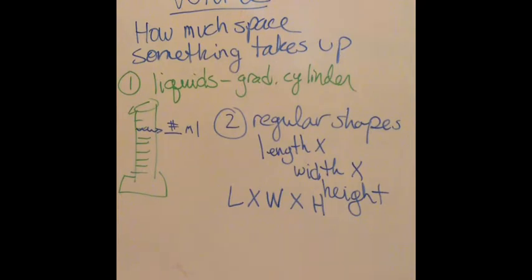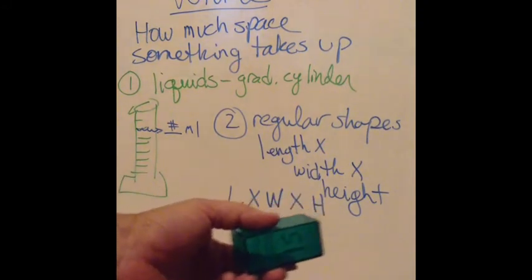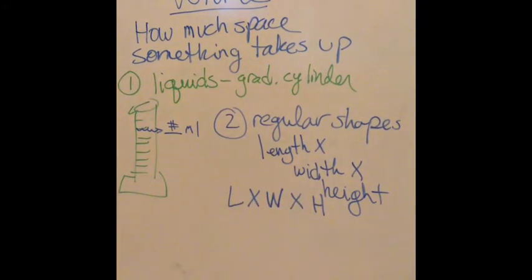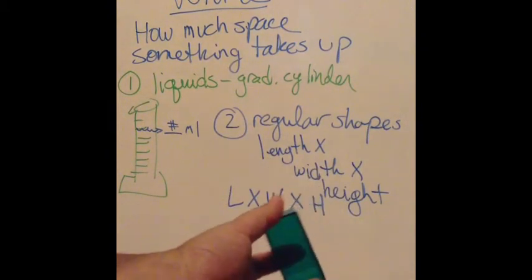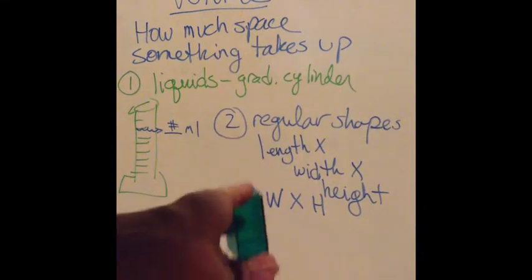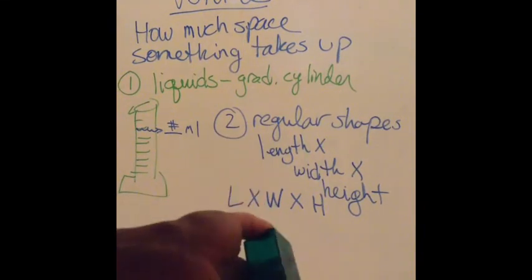So they use this mathematical formula to figure out how many dollars to charge to ship a box. Of course, smaller boxes cost less than the bigger boxes. That's why they need to know the volume of the boxes. It costs money to ship them.